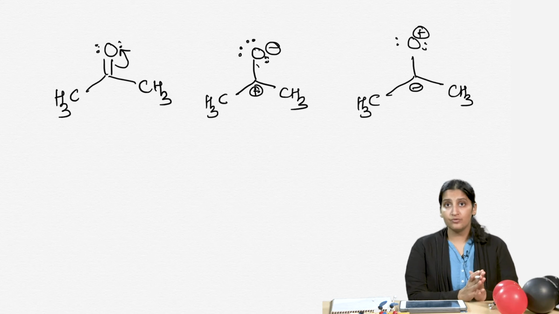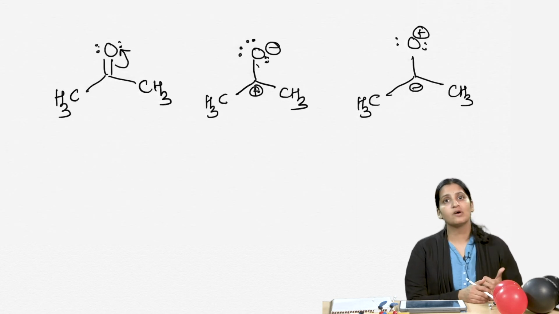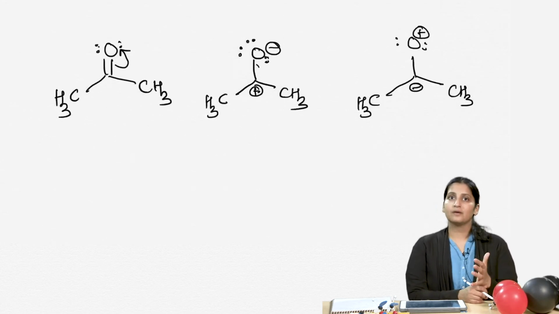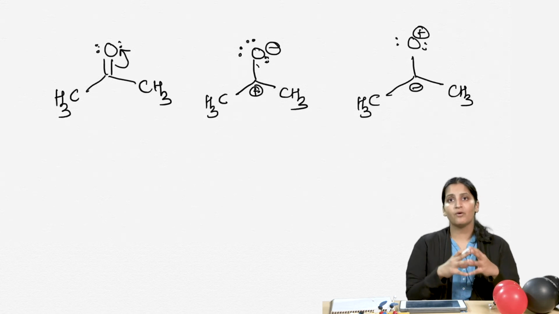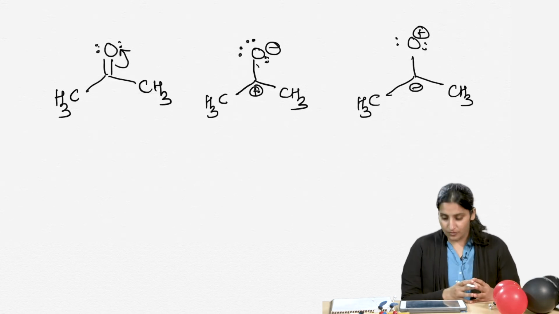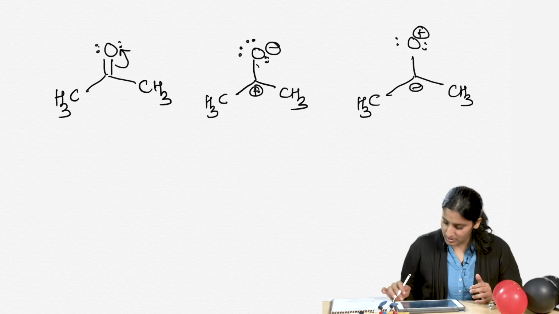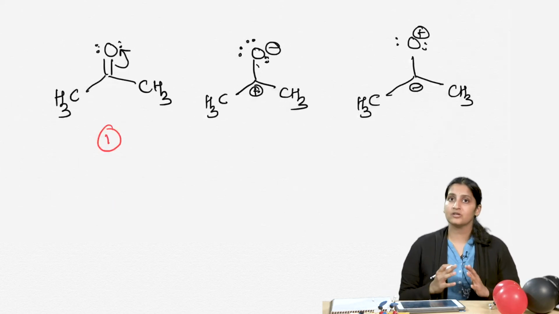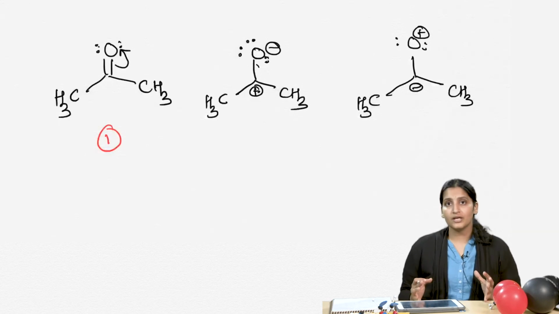If I have to predict which is the more contributing resonance structure, there are a couple of rules we talked about. The first one was the octet rule, which states that whenever you have a complete octet, that atom in the molecule has higher stability. For example, in the first resonance structure, each of the carbons and the oxygen has a complete octet.